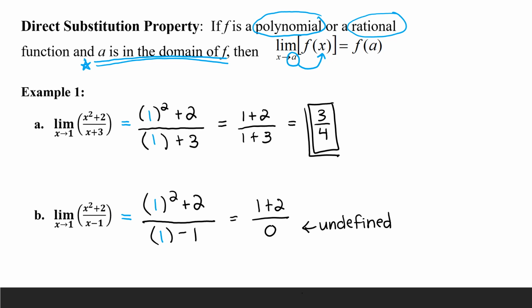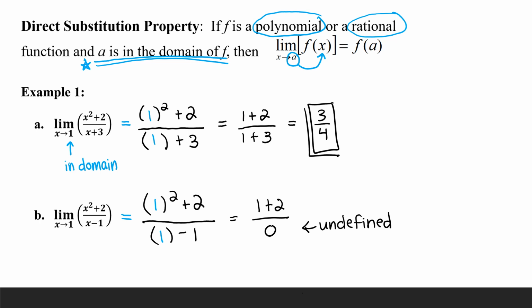So something weird happened here. Well, if we look at this first one, example 1a, the limit as x approaches 1 of x squared plus 2 over the quantity x plus 3, 1 is in the domain of that x squared plus 2 over x plus 3.